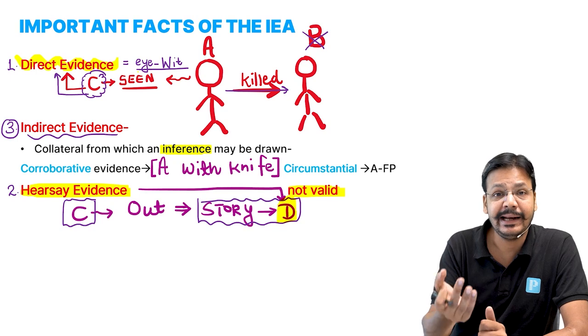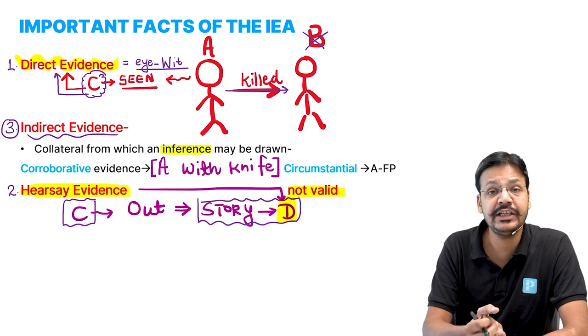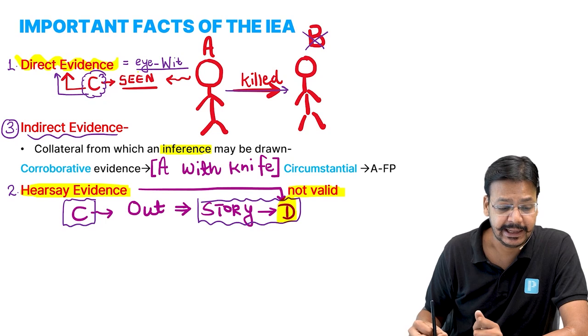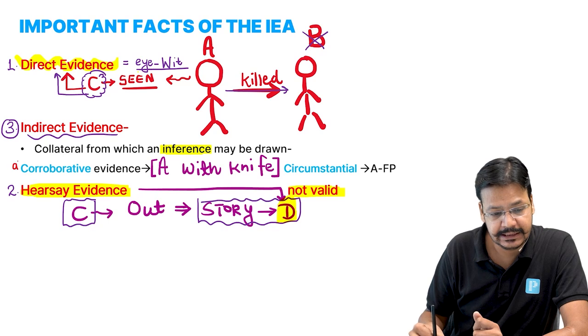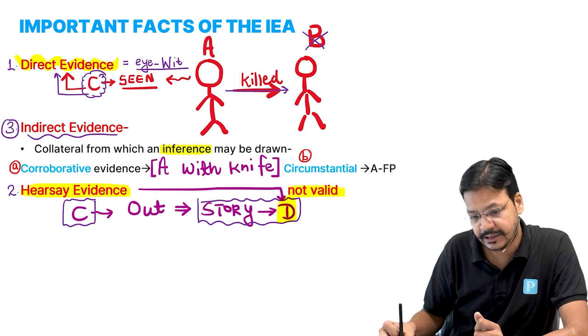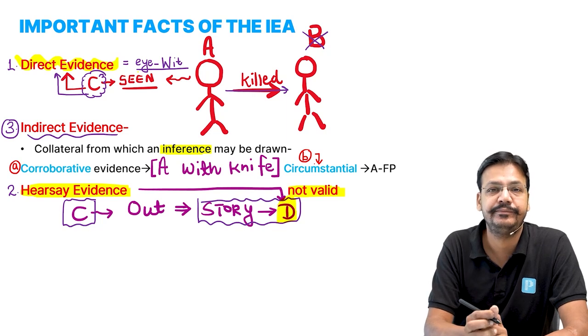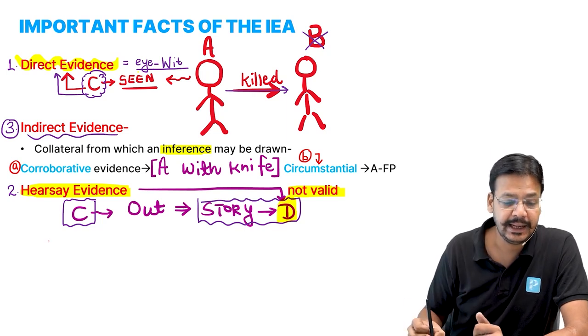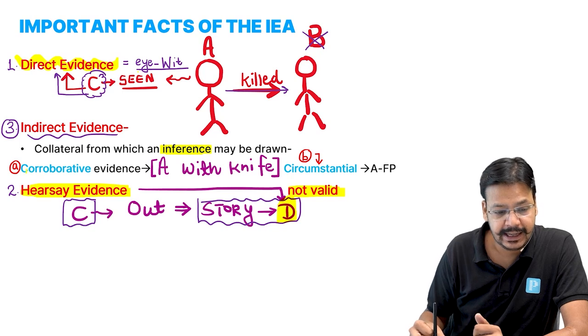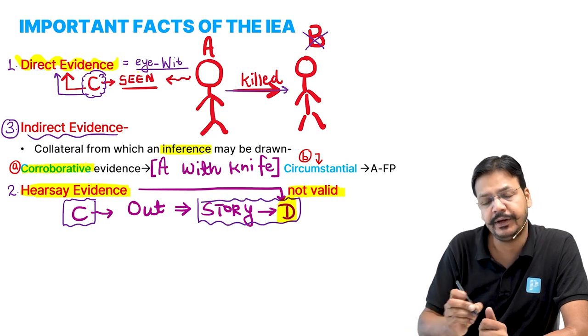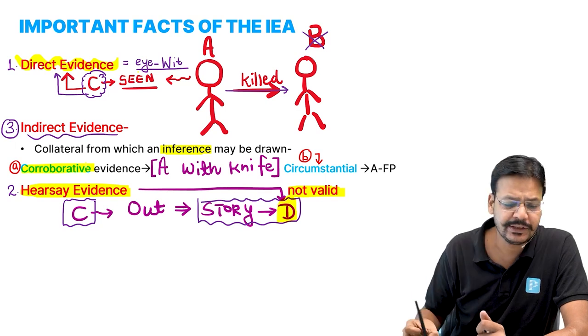Inference from the collateral you are taking. I am putting two examples, A and B. The first type of indirect evidence is corroborative. So what is corroborative evidence?